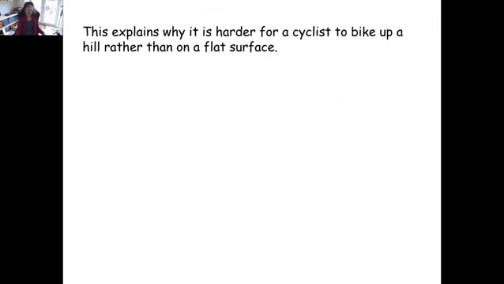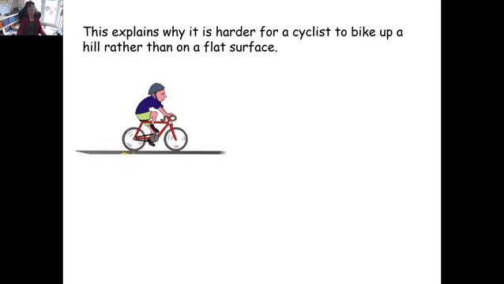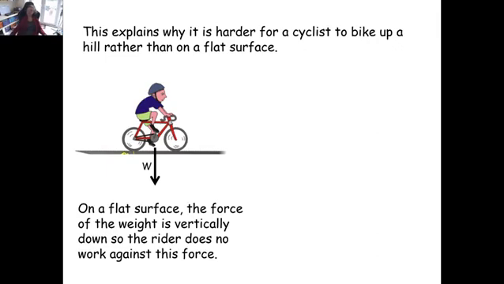Now, this obviously explains why it's harder for a cyclist to bike uphill rather than cycling on a flat surface. So here, a cyclist is going along on a flat surface, his weight is acting straight down, but on a flat surface, the force of the weight is vertically downward. So he's not actually doing any work against that force.